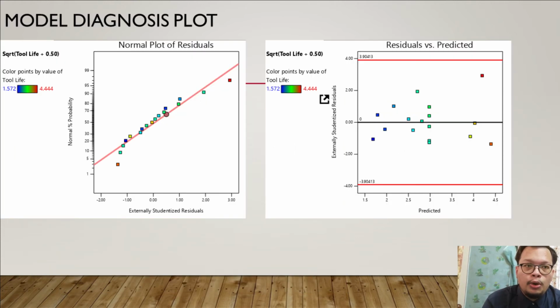The model diagnosis plot shows that the normal probability plot of the residuals for tool life demonstrates no evidence of violation, as each point follows a straight line pattern. The residuals are plotted against the ascending predicted response value for tool life. It verifies the constant variance assumption.